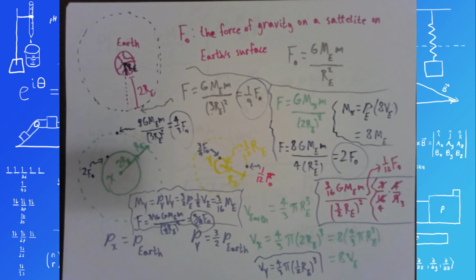And if you want more problems like this, all you have to do is experiment around. Just make up a bunch of different planets with different radii relative to Earth, or you don't even need them to have radii relative to Earth.